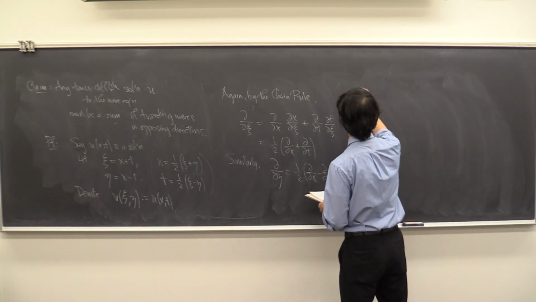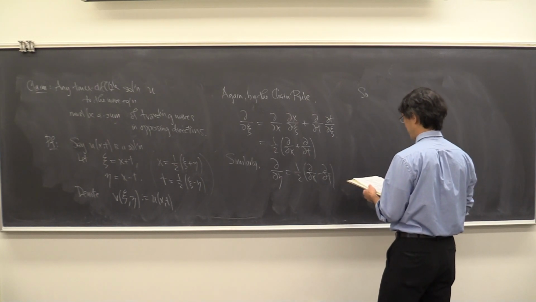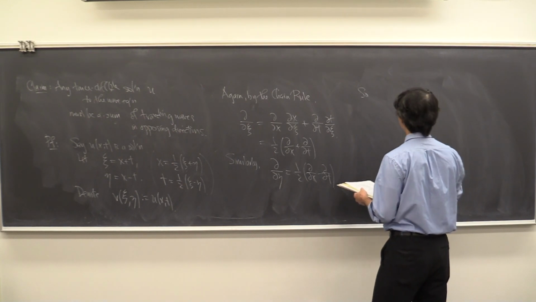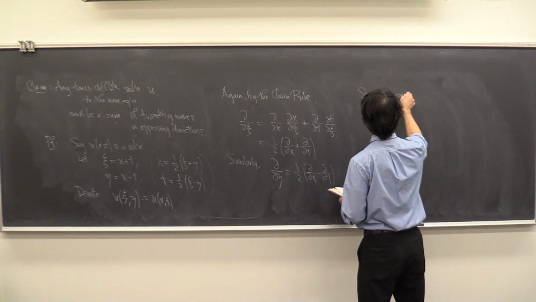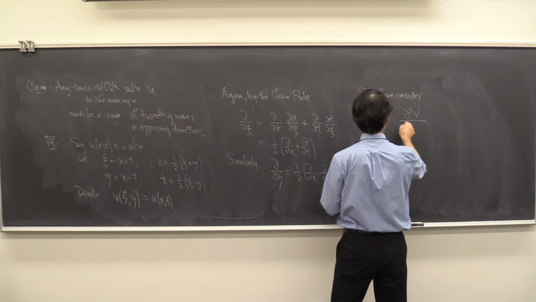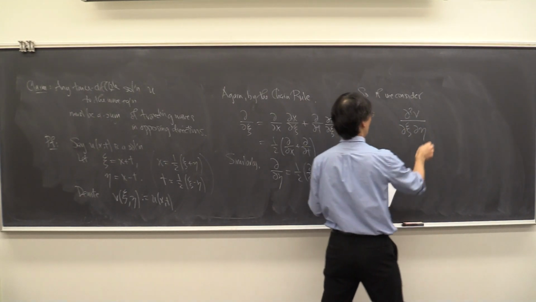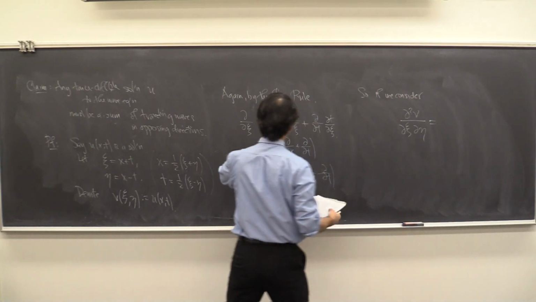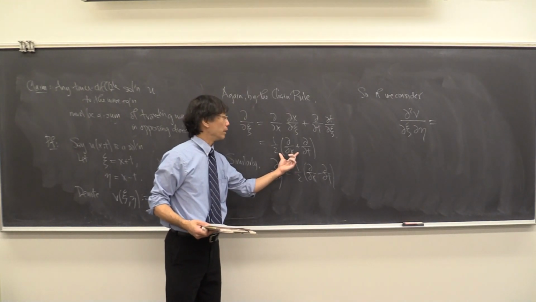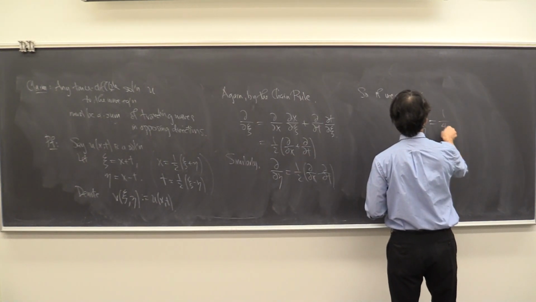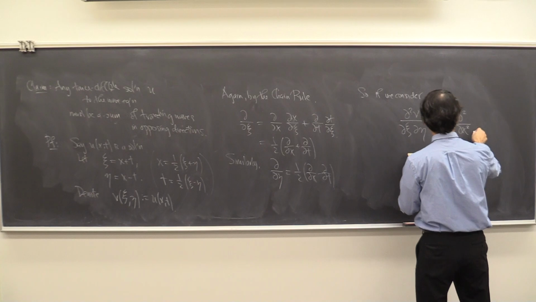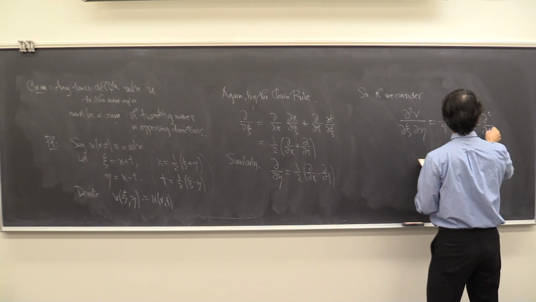And so if we consider the second partial of v with respect to xi and eta, well, that's going to be this followed by this, and so what you end up with is 1/4 (d squared over dx squared minus d squared over dt squared).